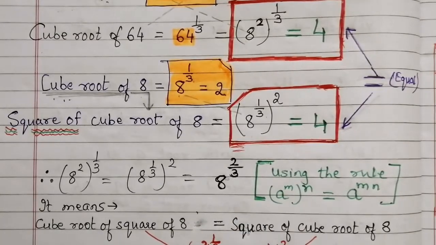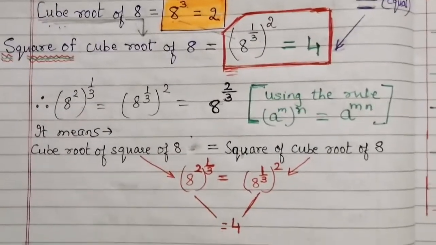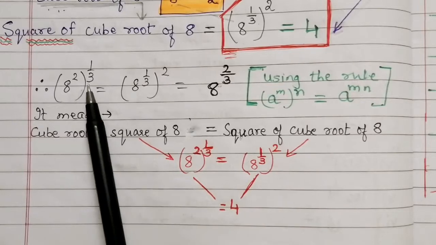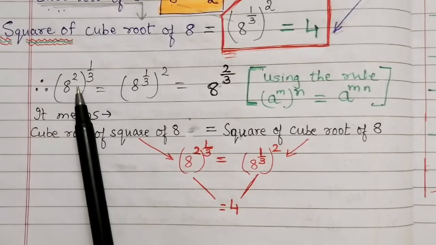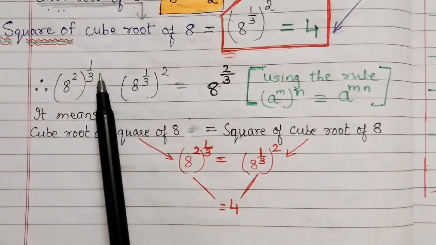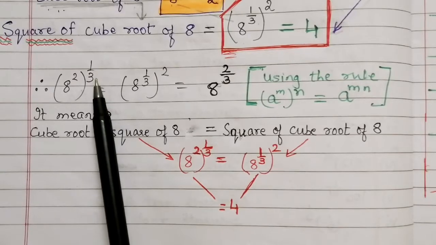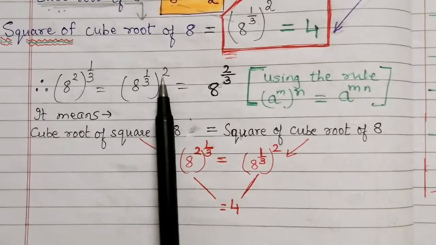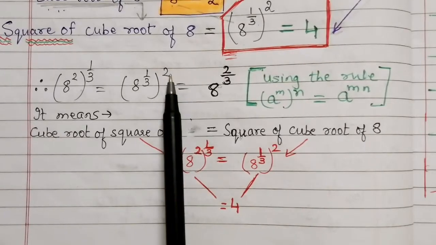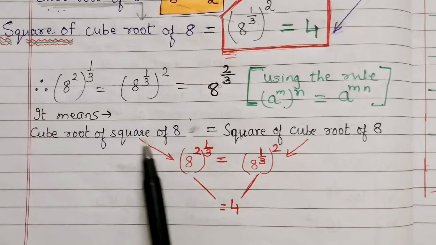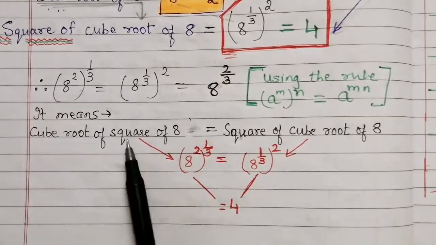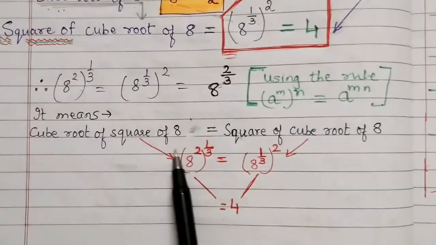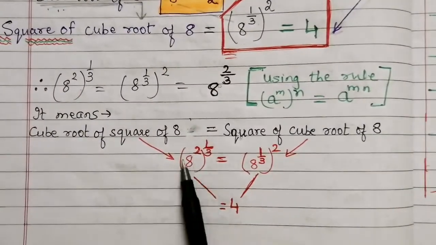So it means that this is the cube root of the square of 8. How will we read it? Cube root of square of 8 is equal to the square of cube root of 8. Both are equal, because their value we got as 4. We can write in this form.